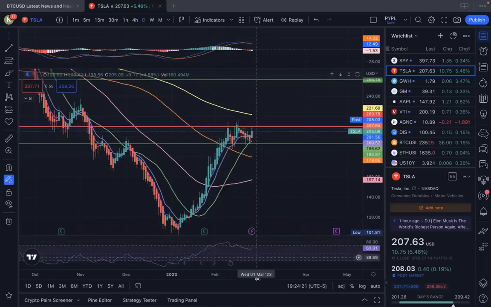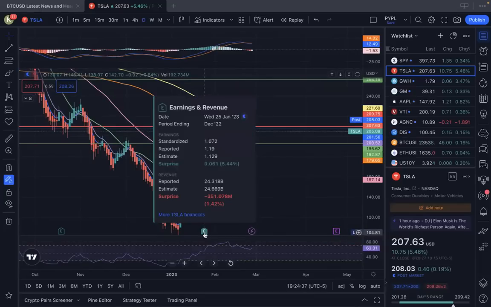This is another way to tell me what direction the stock is going. This red line obviously means, oh wait, you know what? You see how there was an earning? This is another good thing I like about TradingView. It tells me there was an earning, when the earnings are, what's coming up, the period, all of these things.